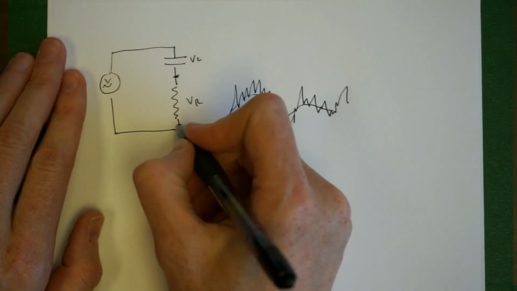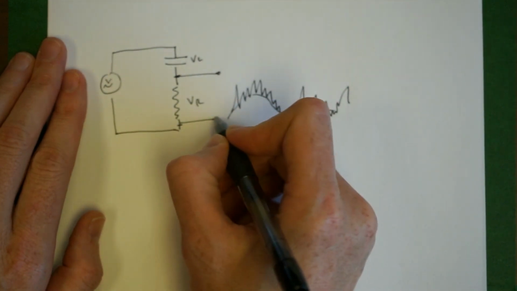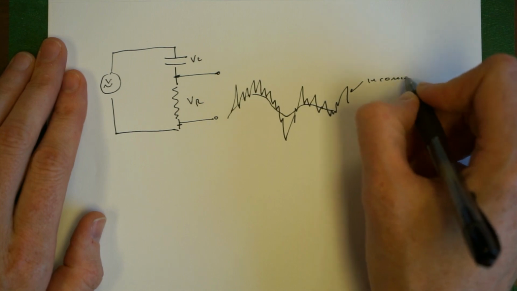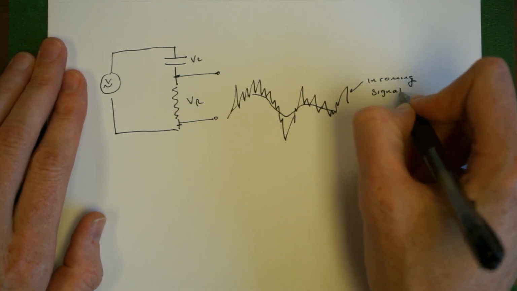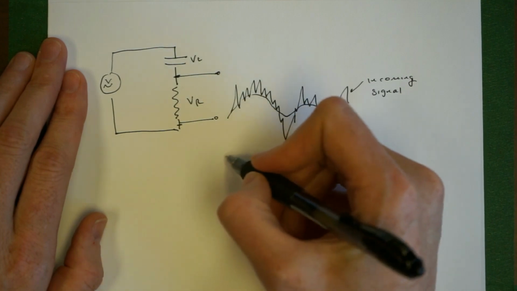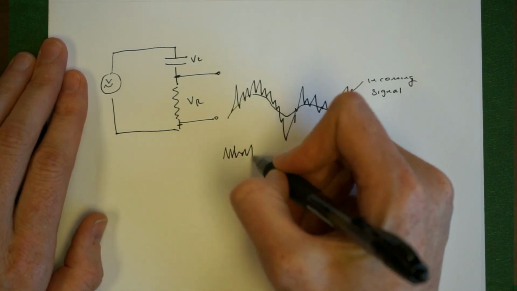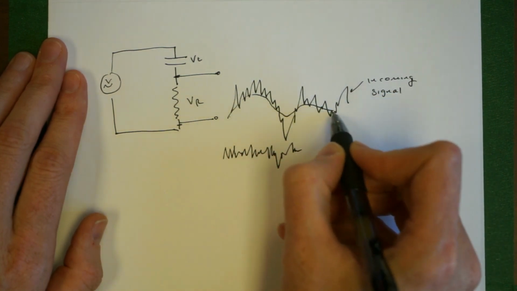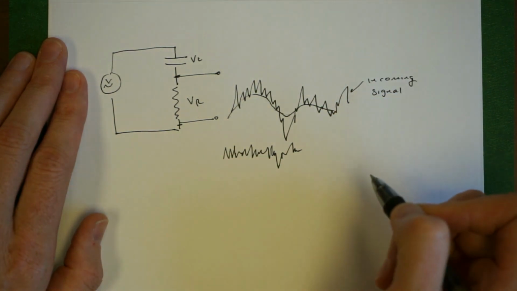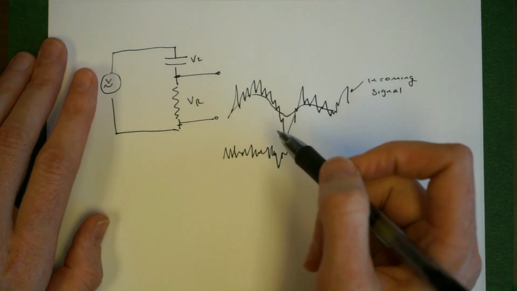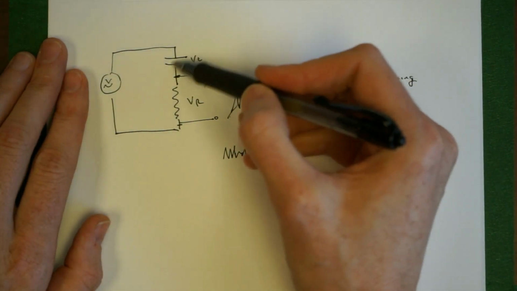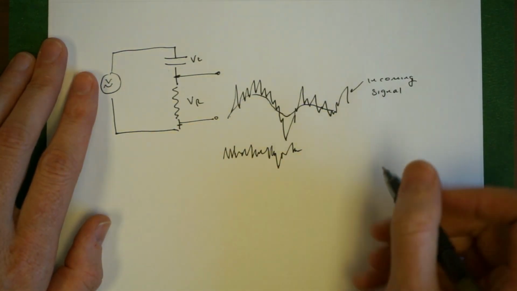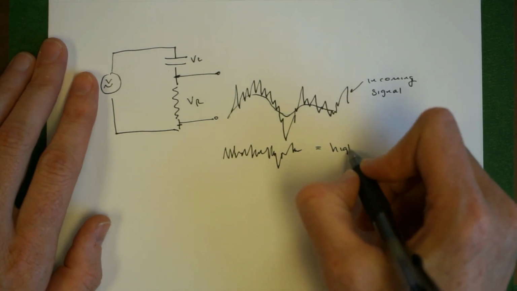So if we measure the voltage across this resistor, we get only the short time variability signal. And we dampen out or get rid of all of this underlying sinusoidal behavior because the voltage on this end hasn't had a chance to equilibrate to any of those at any moment in time. So this is called a high-pass filter.